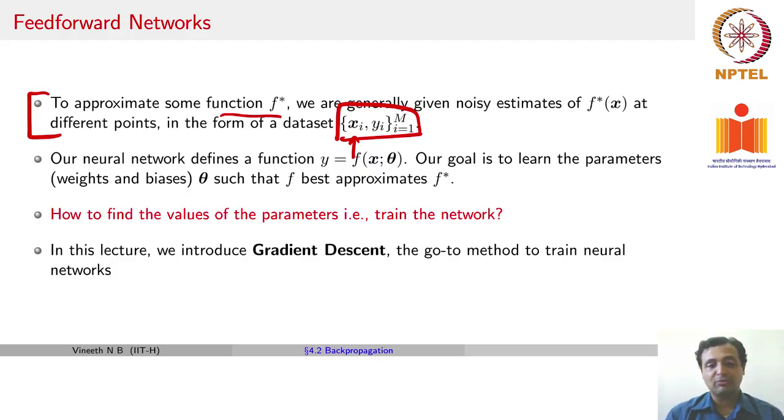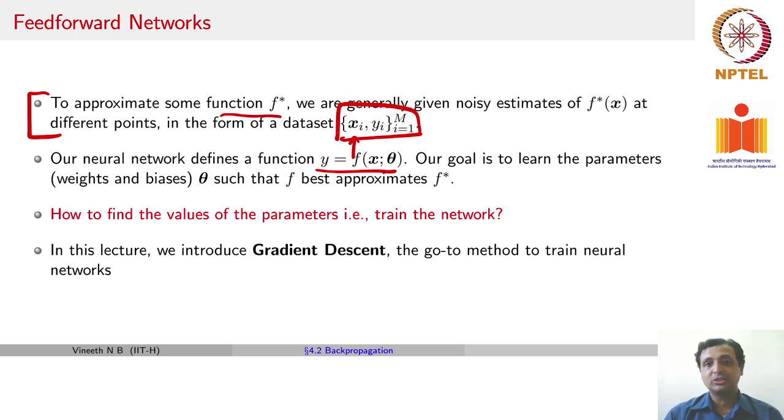So our neural network defines a function y, which is f of x comma theta. X is the input. By theta, we're going to refer to all the weights and biases that we have in the neural network. We're going to henceforth call theta the parameters or the weights and biases of the neural network. These are the values that parameterize your neural network. That's what defines the function output that you're going to get when you propagate a value through your neural network.